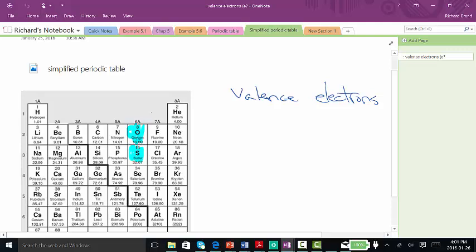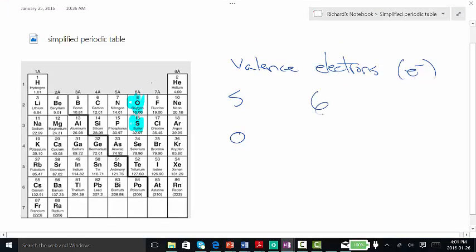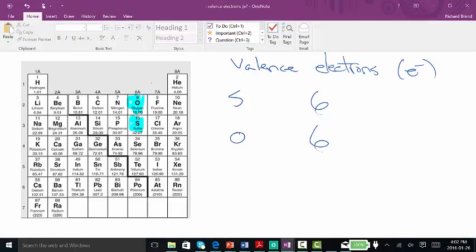In group 6A, they have 6 valence electrons. So we've got a sulfur atom and two oxygen atoms. The sulfur atom brings 6 valence electrons to the table for bonding, so to speak, and each oxygen also brings 6 valence electrons.